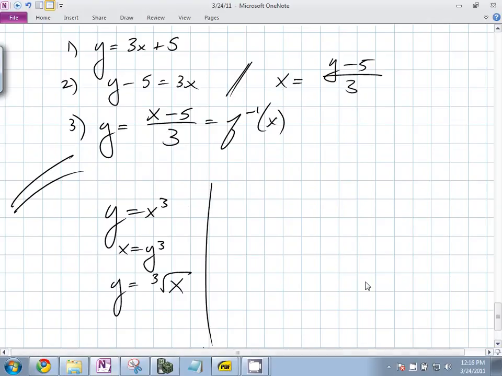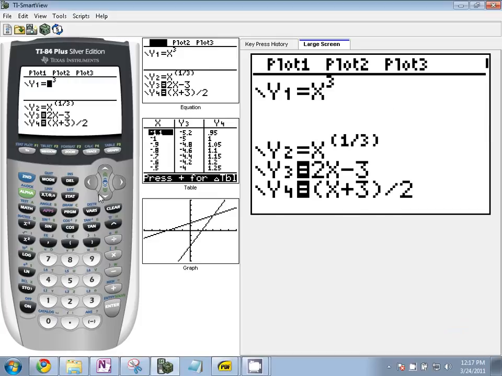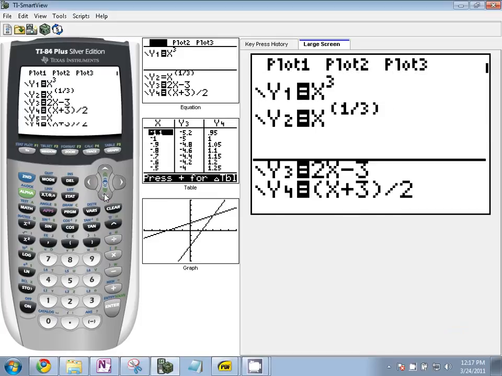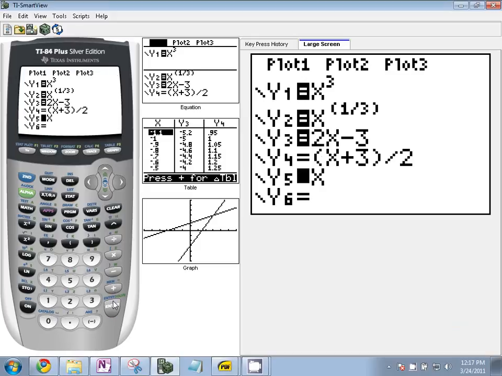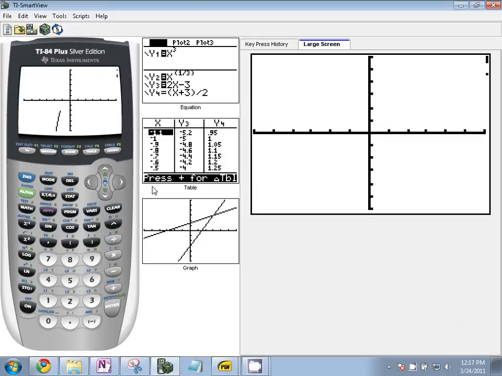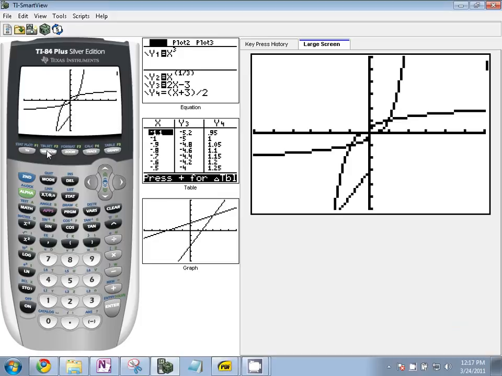Okay, so let's take a look at the graphs. Let's see what these look like visually. Another pair is here and there. We graph this one. There's x cubed and y equals x. Just so you can see the curve a little better, let me change the window. I didn't turn off the other two functions here.